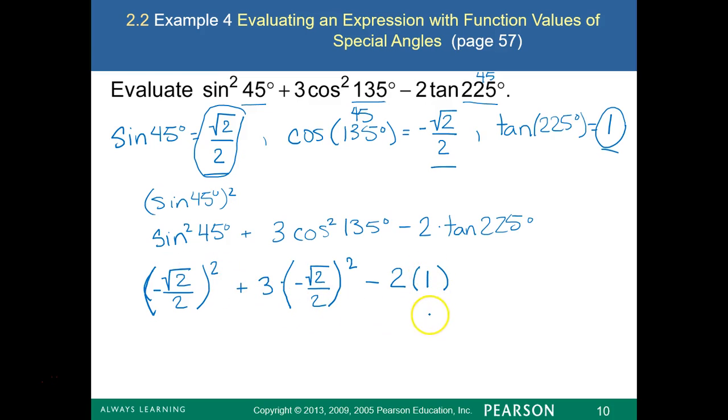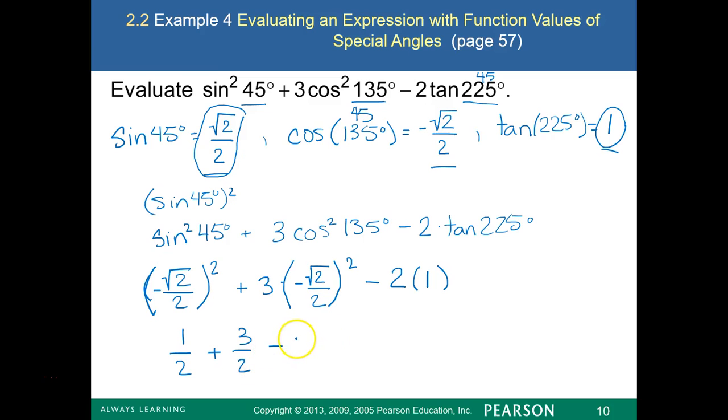All right, evaluate this. Leave it in exact form. So you're going to have to add and subtract fractions together. And what this ends up being, so squaring this, you end up with what? 1/2 plus 3 times 1/2, just 3/2.